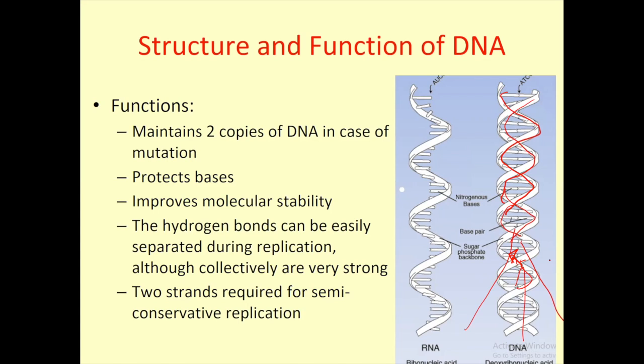And obviously genetic mutation in the DNA is a serious issue for large organisms like ourselves. So the other thing is having these 2 strands protects the bases and improves molecular stability. Okay, so what we could say is the hydrogen bonds there, think how many hydrogen bonds there are.